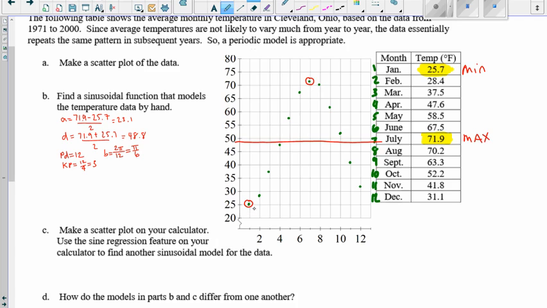So that would be negative because it's starting down here. So y is equal to negative my amplitude, which is 23.1, times the cosine of my b value, which is pi over 6. And then because my minimum is starting at January, so a phase shift of x minus 1, plus my midline, which is 48.8. So this would be one possible equation that I could use.